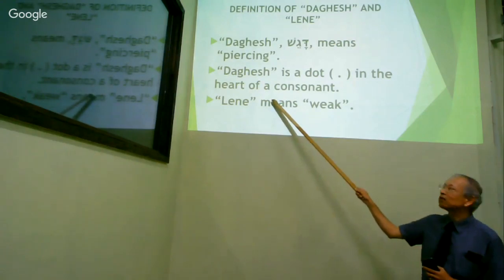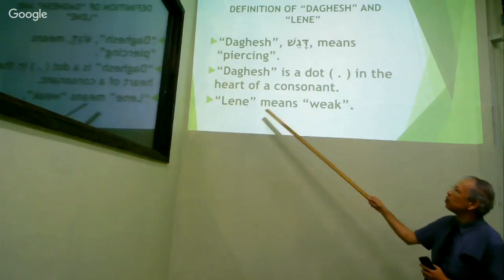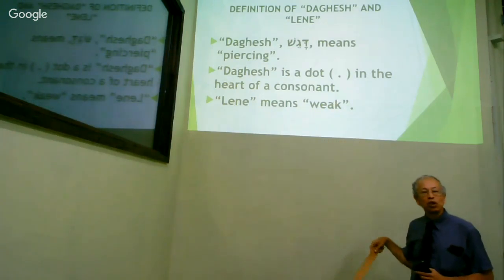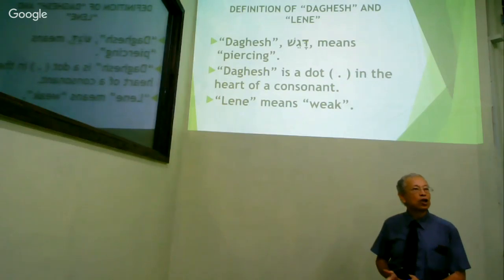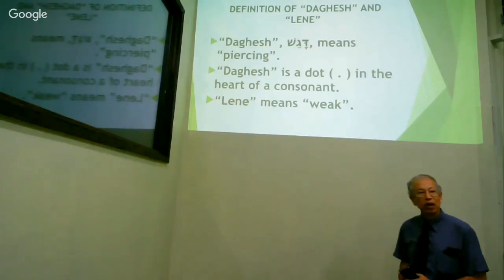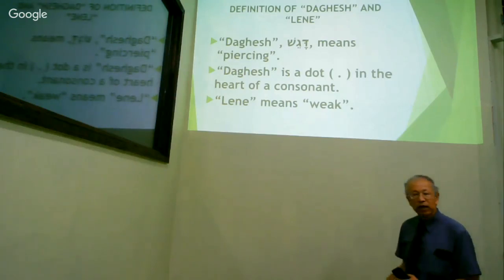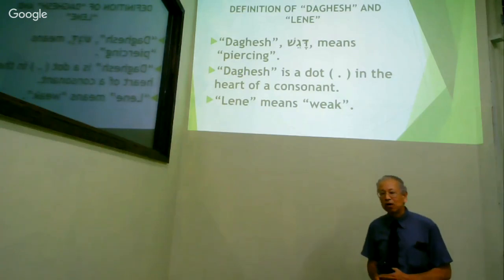The other word, Lene, is a Hebrew word that means weak, and it is distinguished from another kind of Daghesh called strong. There is a strong Daghesh and there is a weak Daghesh. The strong Daghesh is called Daghesh forte. Forte means strong.